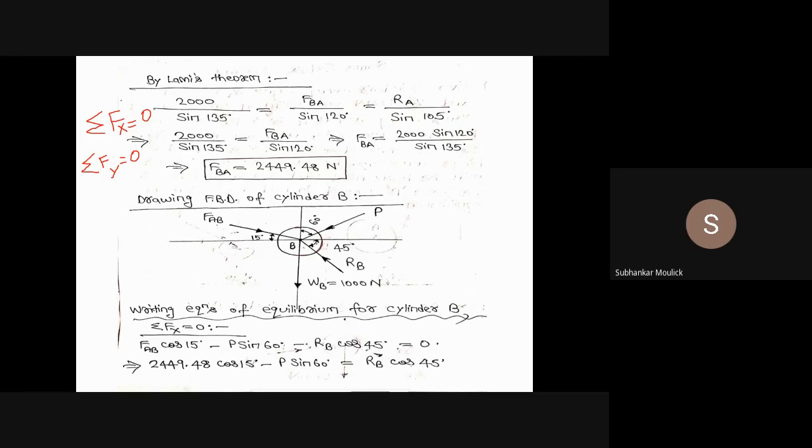So let us write down this expression, summation Fx equal to 0 at point B. So at point B, force FAB is acting. This is FAB. Fine. And this angle is given as 15 degrees. I have told you how to resolve.